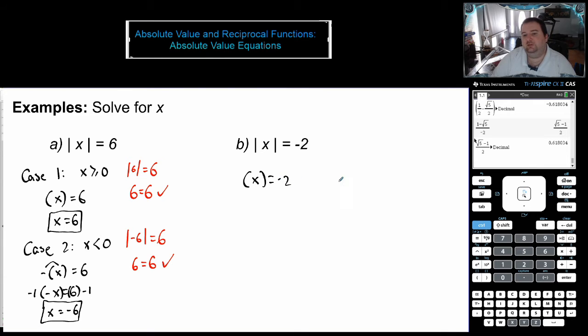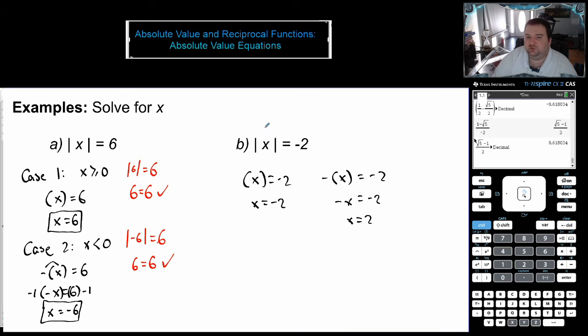Your second case is that it's negative, so we take what's in the absolute value and make it negative by putting a negative sign outside our parentheses. This is also equal to negative 2. Now you solve. So x equals negative 2, and negative x equals negative 2. Multiply both sides by negative 1 and you get x equals 2.